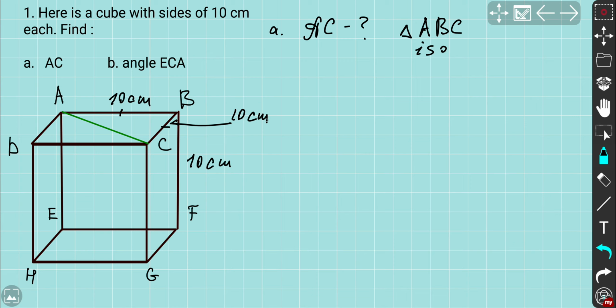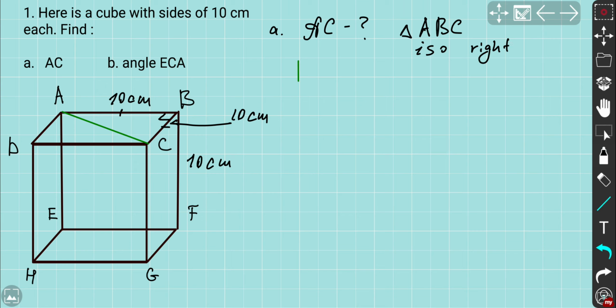Okay, we also have a right angle triangle, because each face of the cube is simply a square, and hence AB will be perpendicular to BC. So we have an isosceles and right angle triangle as well. So we can use Pythagoras.